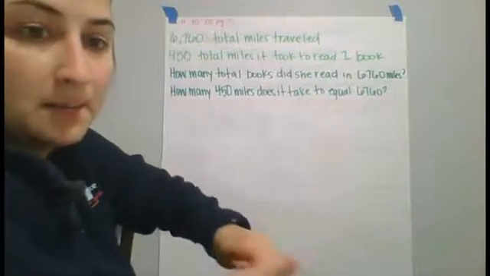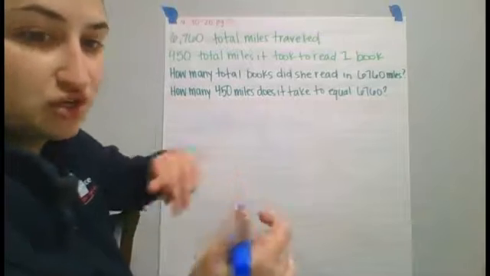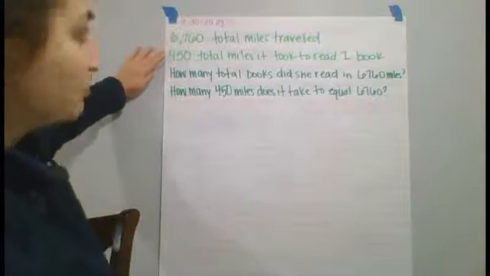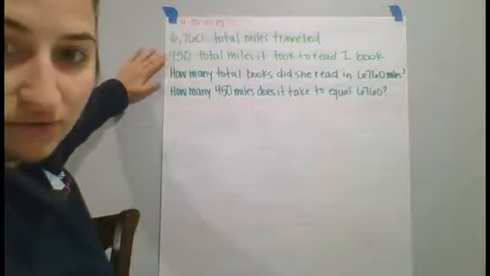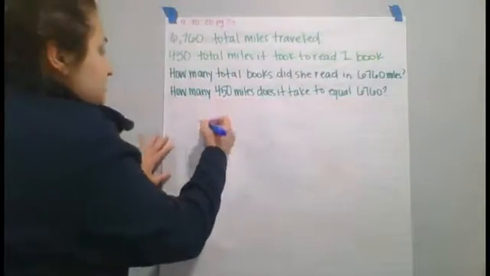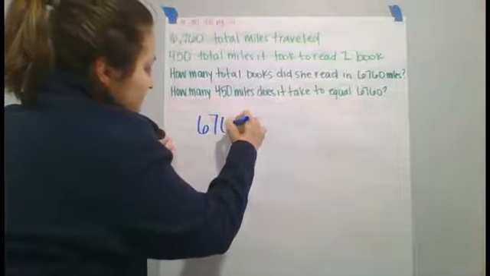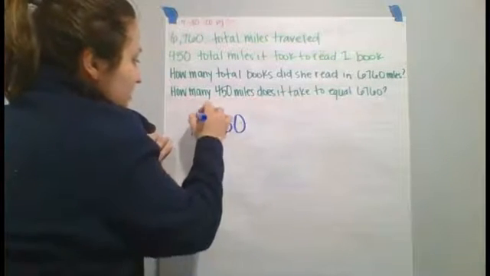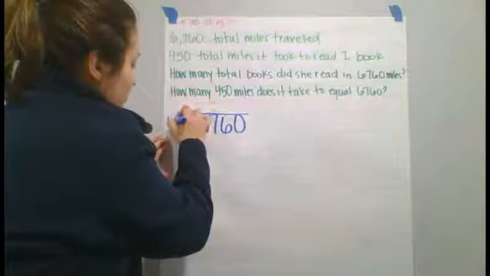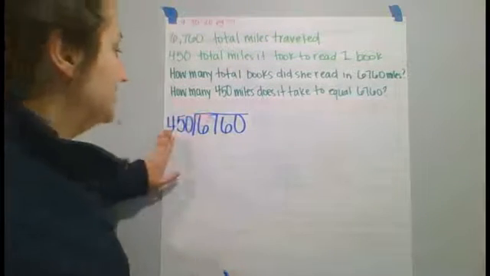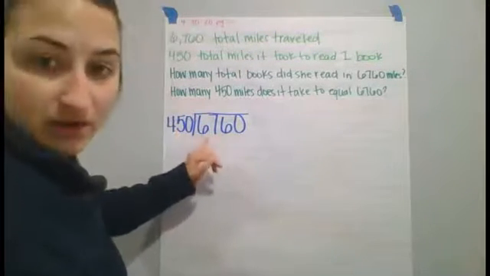because that's going to tell us how many books she was able to read. So first thing that I want to do is take my 6,760 and break it into equal portions of 450. So 6,760, and we're going to be dividing it by 450 because we want to figure out how many equal parts we can create.